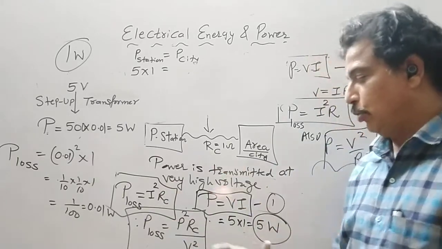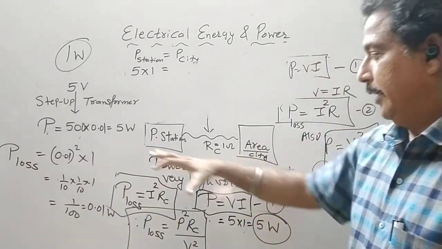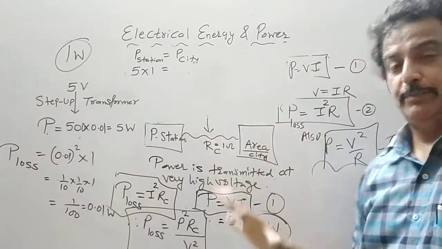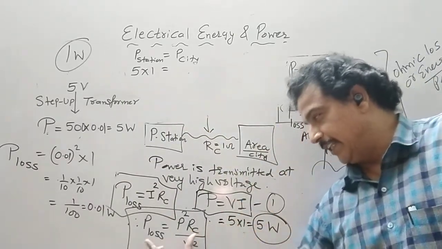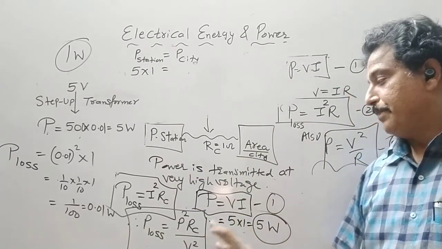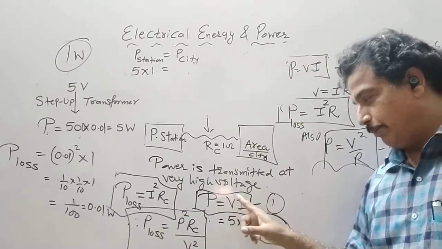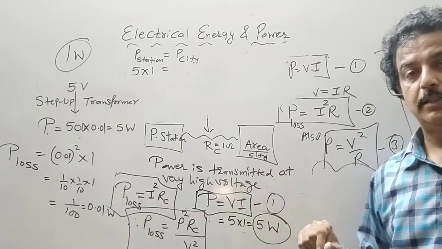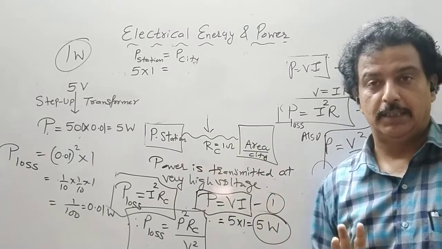If you don't get a clear idea about what I am saying, you see clearly that power loss is inversely proportional to the voltage. Earlier, when the potential difference was 5 volt and the current was 1 ampere, the power loss was 1 watt.